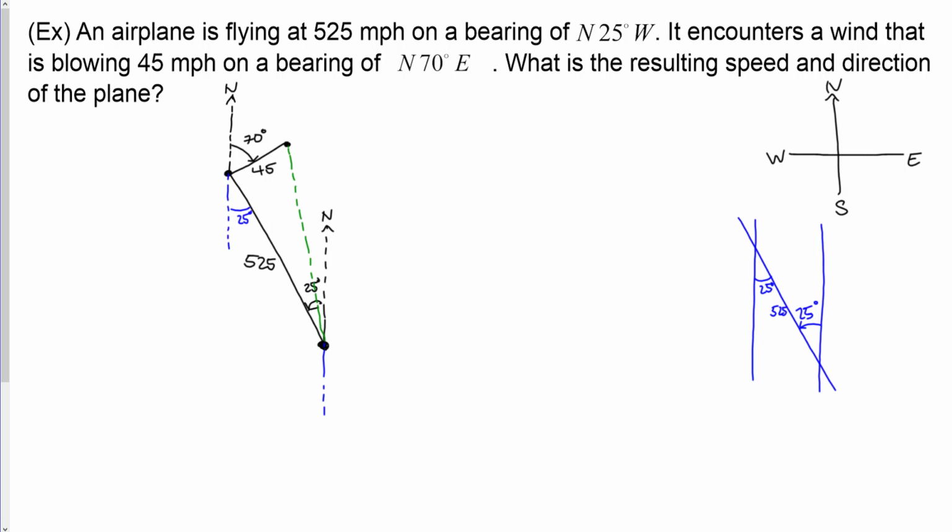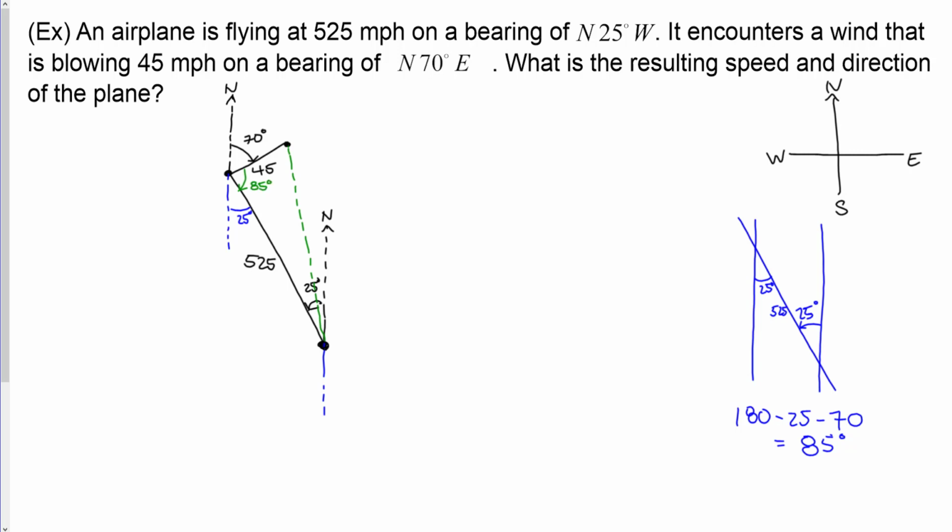If I just take 180 minus 25 minus 70, that's going to be 85 degrees. So this angle measure here on the inside, I'll put in green, is 85 degrees.